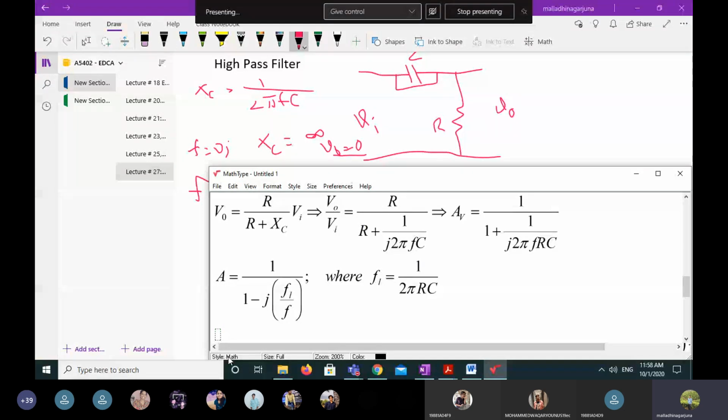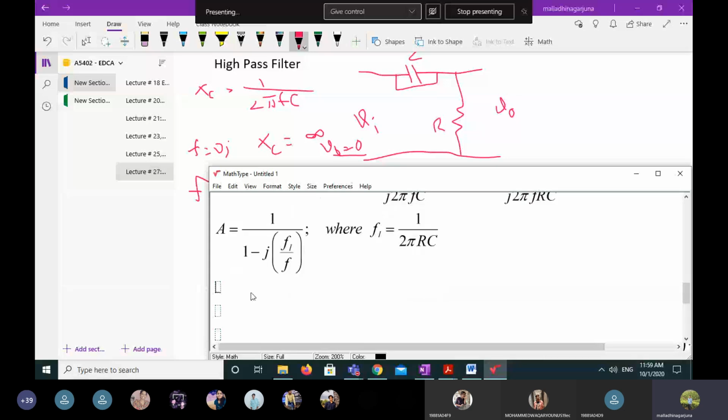So we keep f as it is, and I'm just placing the term FL. So AV equals 1 by, 1 by J equals minus J, 1 by 1 minus J into FL by f, where FL equals 1 by 2 pi RC.